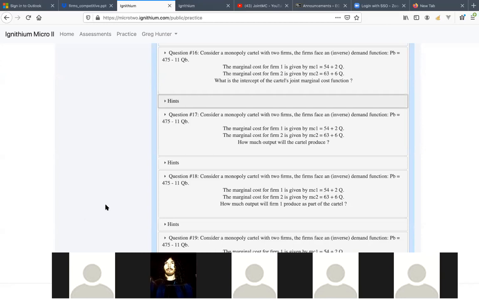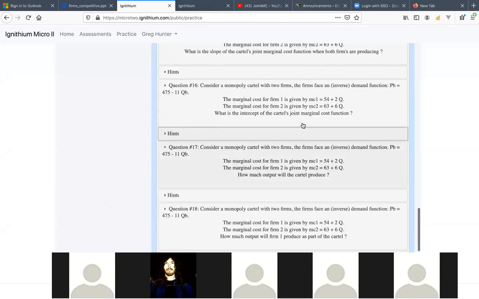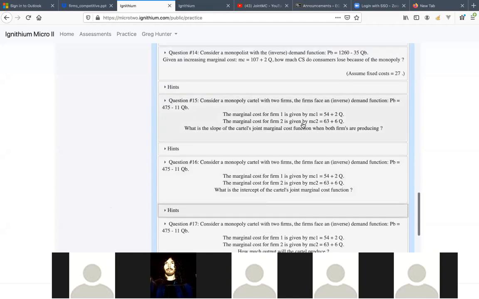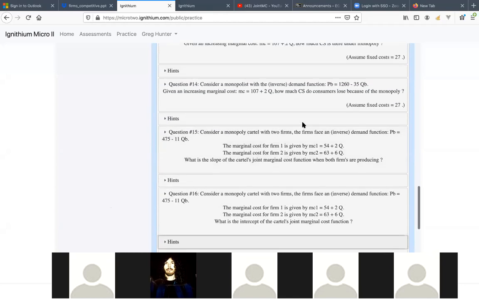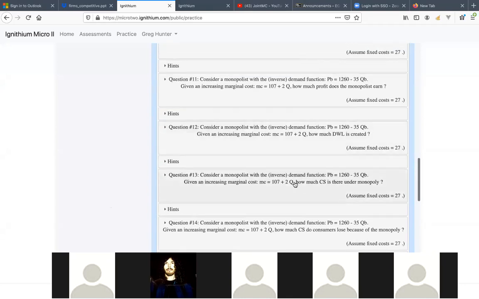Are the two equations that I'm comparing the MC1 and the MC2? No. Remember, at the very beginning of this whole assignment, it's the monopolist solution.